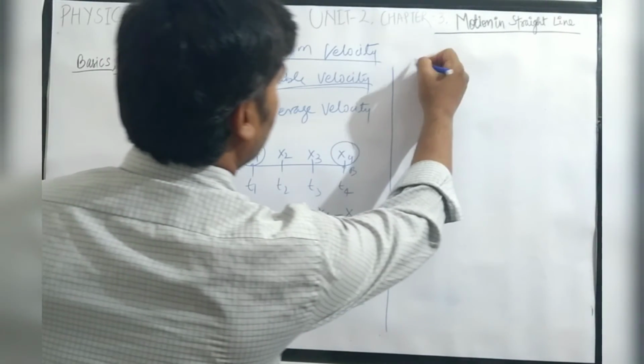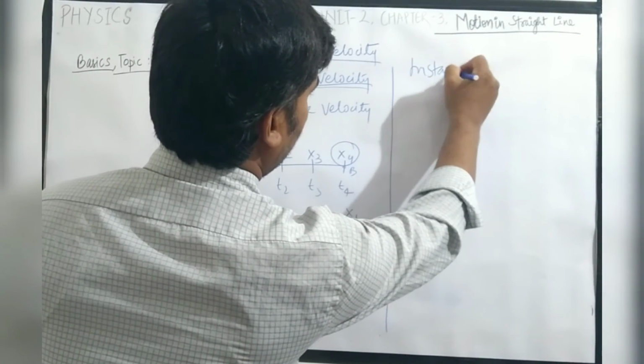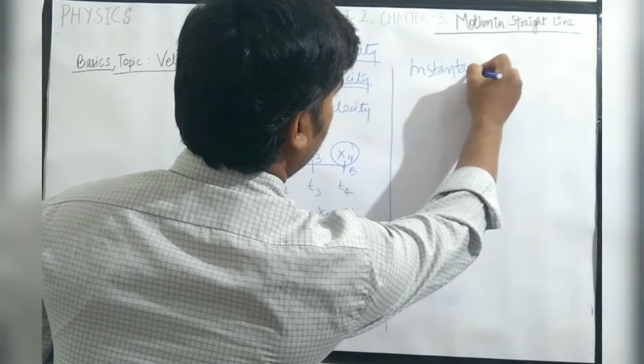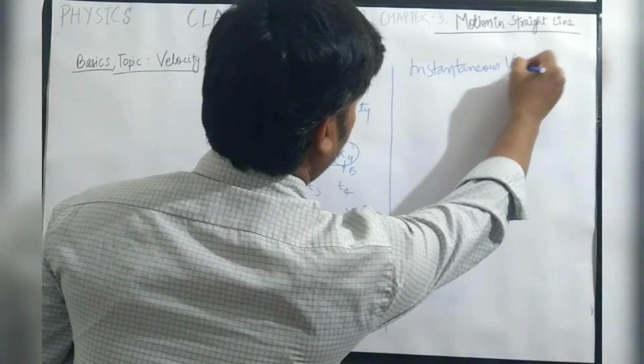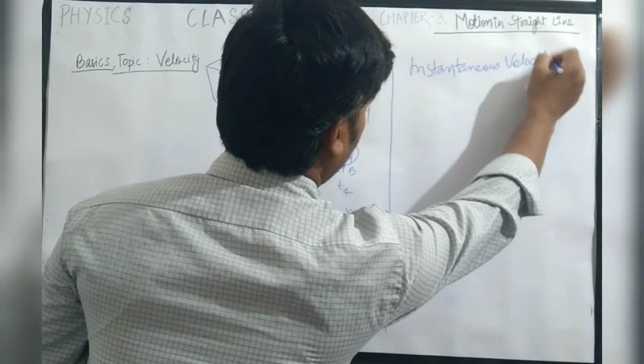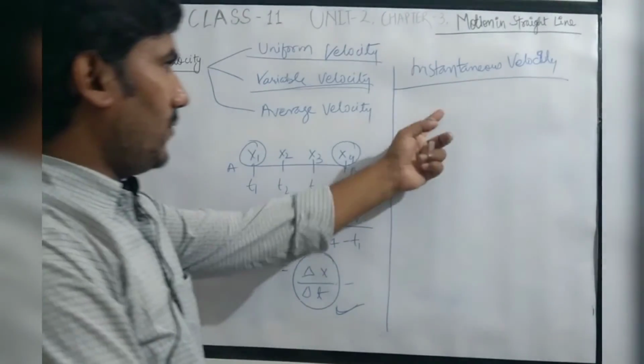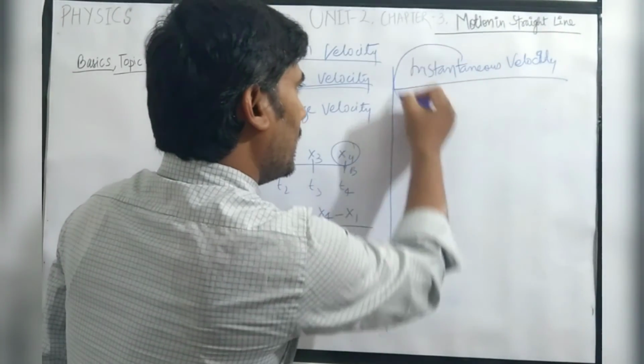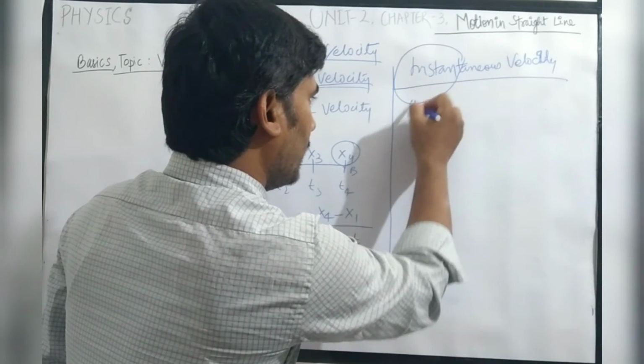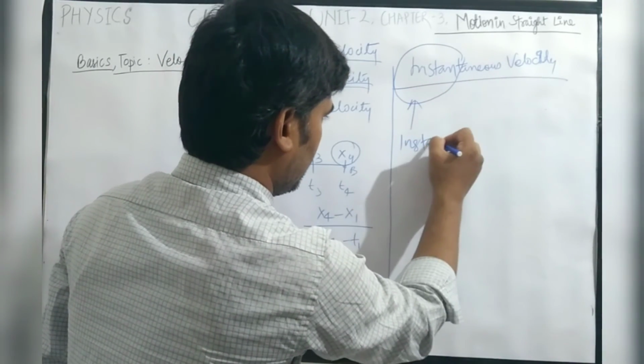The fourth type is instantaneous velocity. Instantaneous velocity is the velocity of a particle at a particular instant.